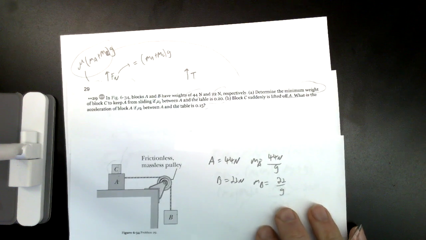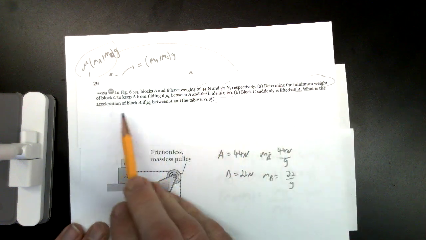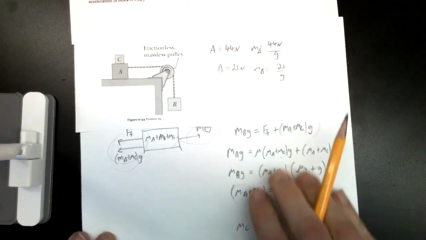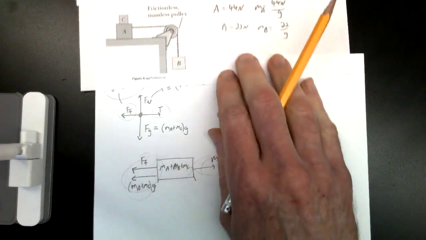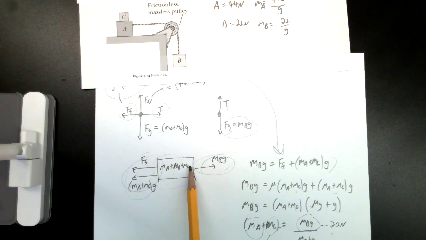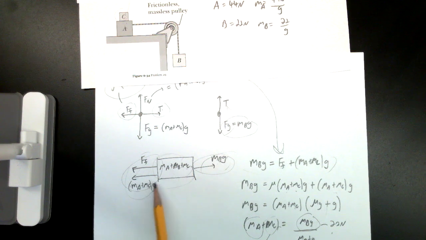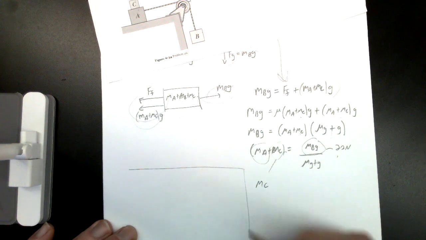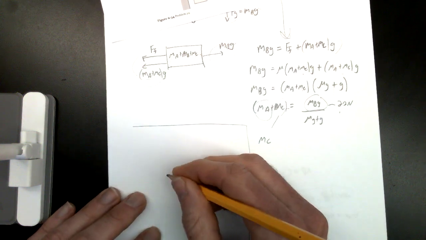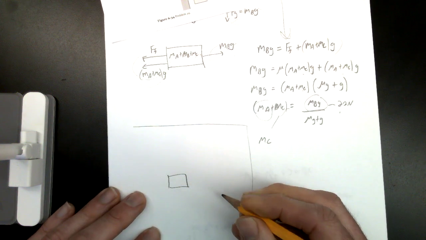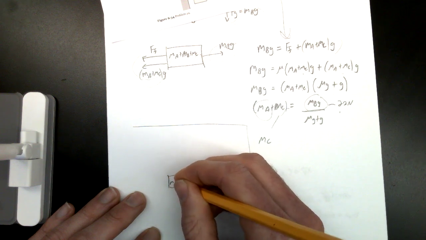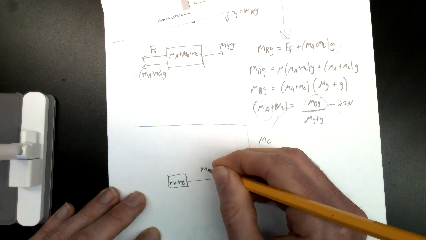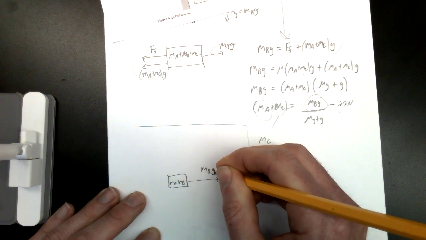And then the second part up here, block C is suddenly lifted off. What's the acceleration of the block if the mu k is this over here? So just thinking about everything that's going on, in this situation over here, let me redraw this without the C in there. So there's that block, and now it's going to be mA plus mB. This side is still going to be mBg.